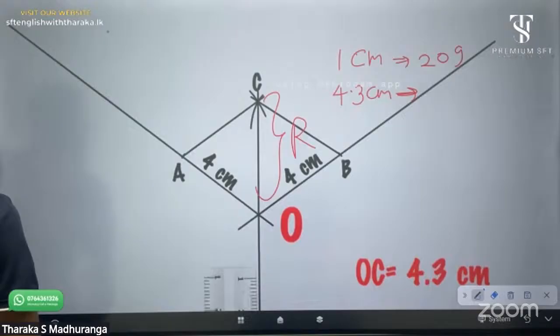Okay, this is the parallelogram theorem practical. This is an experiment.